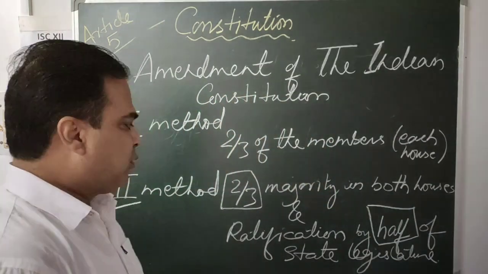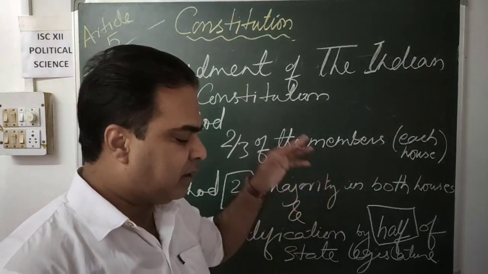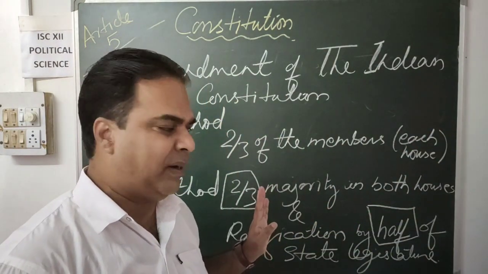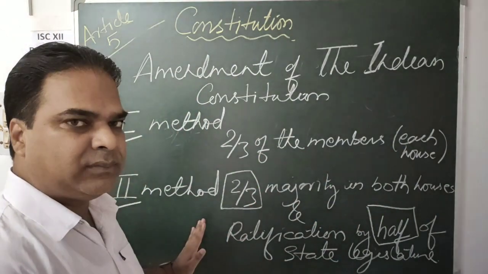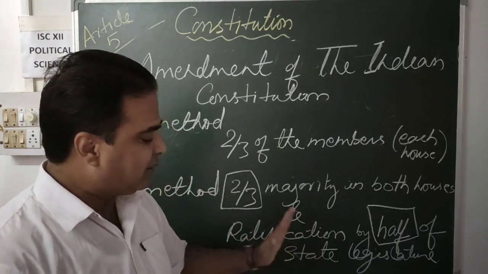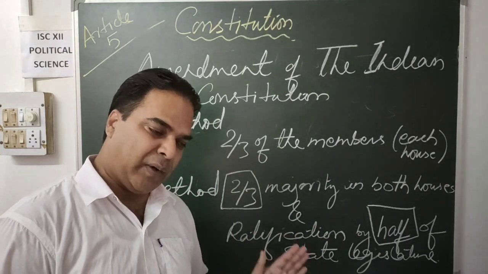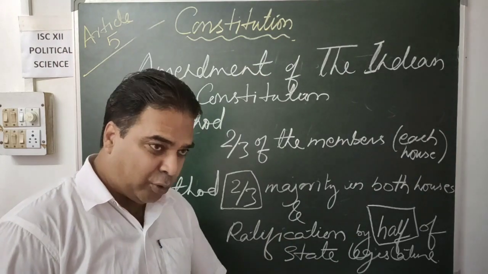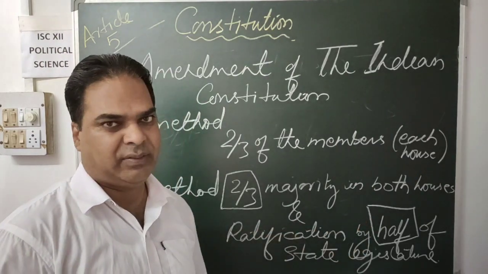So if a 2/3 majority of both the houses of the parliament passes the amendment bill, then it has to be ratified by the state legislatures of our country. How many states have to agree or confirm the amendment?